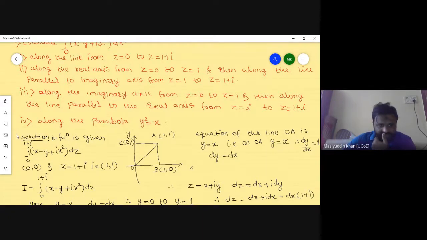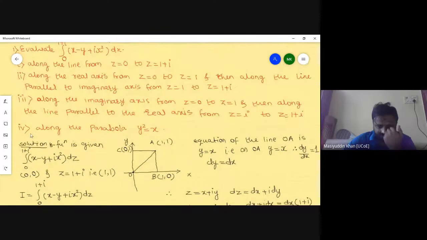Now see, as I mentioned in the first problem or in the second problem, the x-axis is treated as a real axis and the y-axis is treated as an imaginary axis. So along the real axis from z equal to 0 to z equal to 1, means the first contour here, it is clearly mentioned the segment OB.